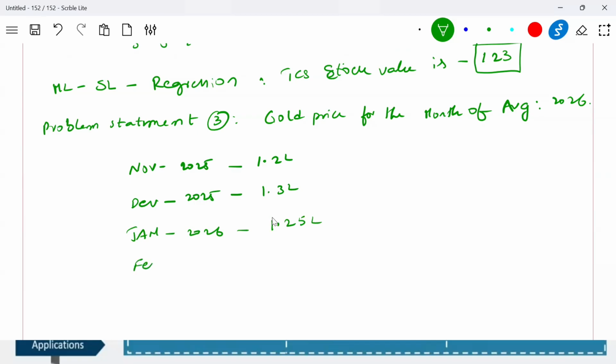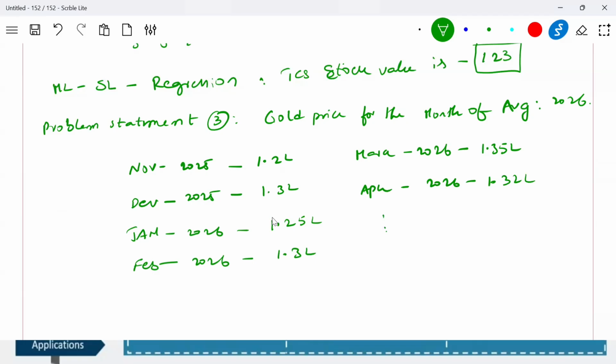February 2026 is around 1.3 lakhs. Then March 2026 gold price is around 1.35 lakhs. And then April 2026 gold price is around 1.32 lakhs, something like that.